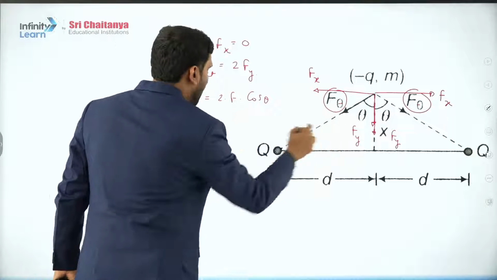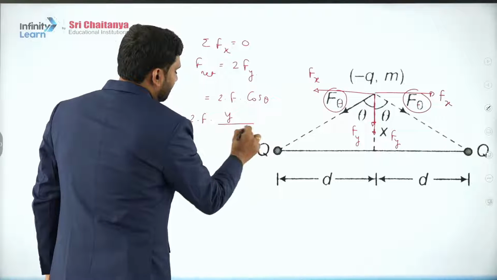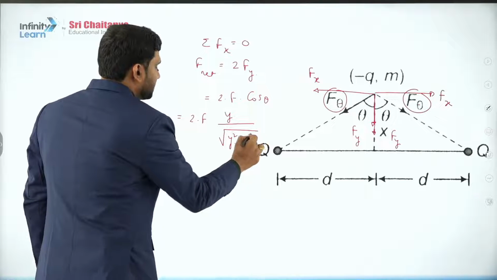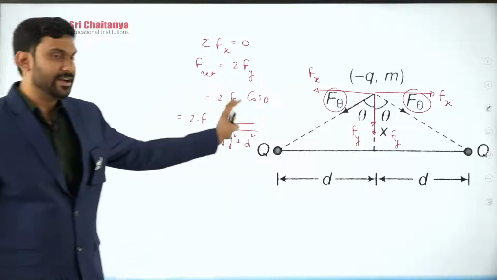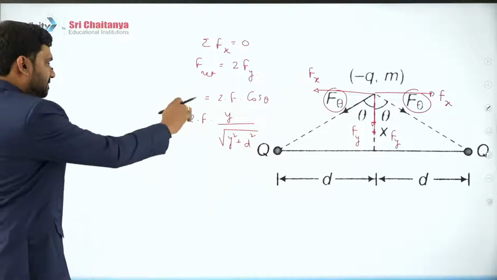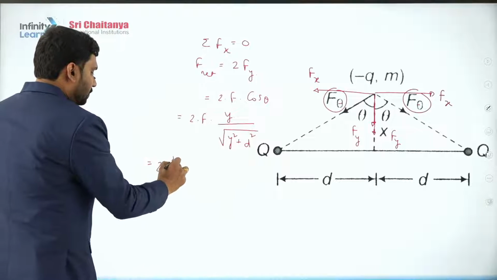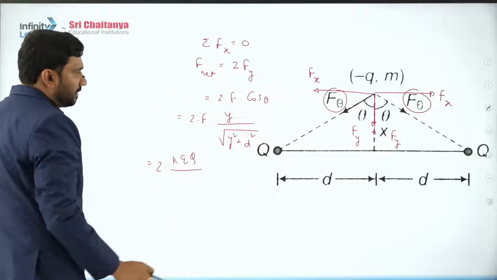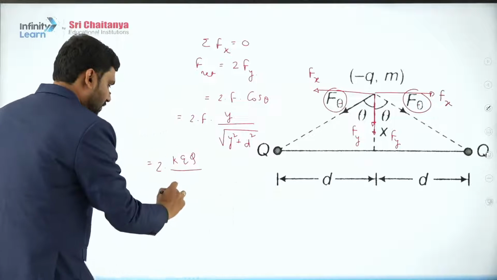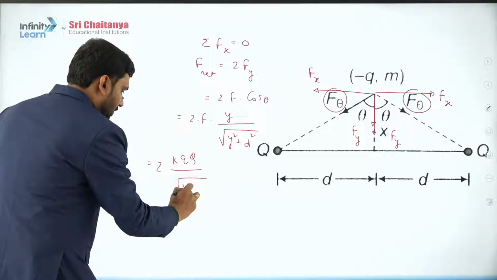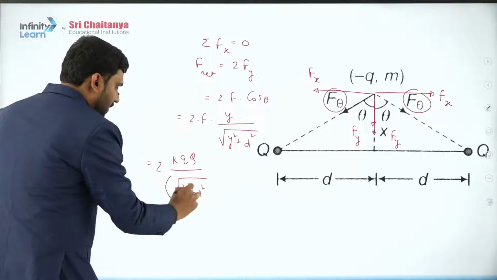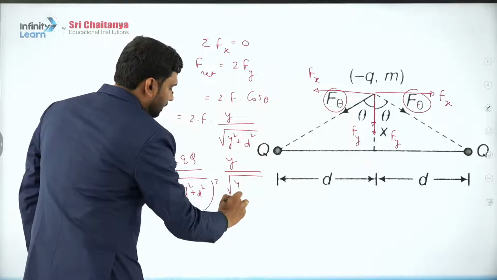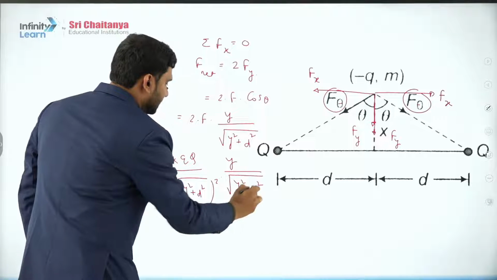Cos theta is simply y divided by root under of y square plus d square. Is that fine? Clear? Now let us bring f. So that is 2 into k small q capital Q divided by, this is the distance, so it will be root under of y square plus d square whole square into y by root under of y square plus d square.